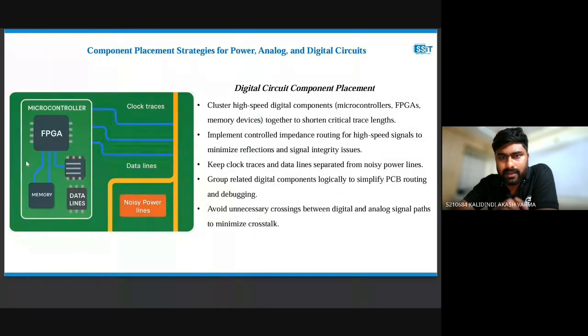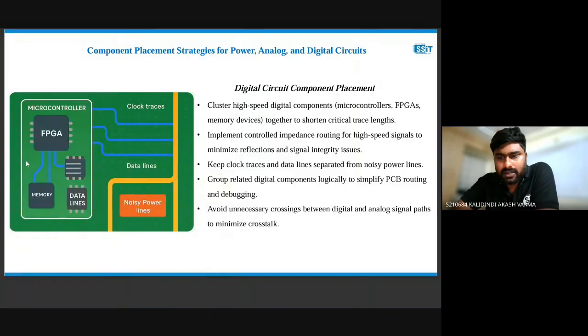Coming to the digital, it is high speed, high transitions. Zeros and ones will be triggered very quickly, so we can call these high speed digital components and high speed digital signals. We should maintain a separate cluster for these components as well. And coming again to decoupling capacitors, we need to place them as close as possible.